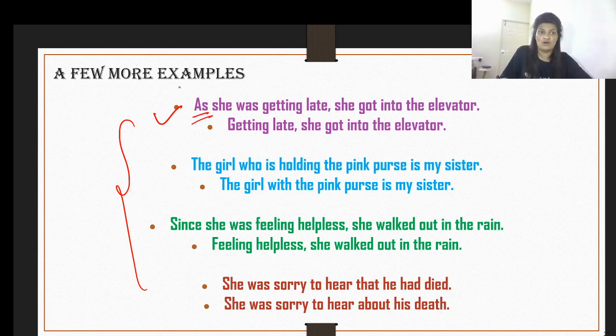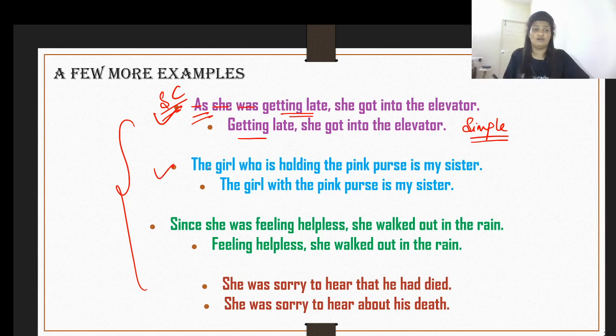As is your conjunction, that is your subordinating conjunction. Now this is going to be eliminated. She is also going to be eliminated. Was is going to be eliminated, and we are going to keep this phrase alone like this: getting late, she got into the elevator. There you have your simple statement.